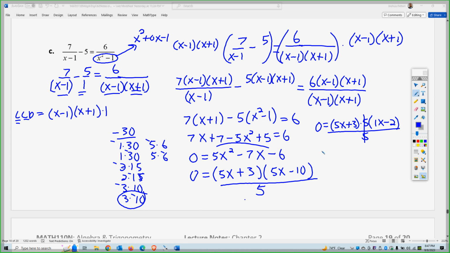So 5x plus 3 is 0 and x minus 2 is 0. So x is 2 and 5x is negative 3, or x is negative 3/5. We have to go back to the original and make sure none of those fail. So if I plug that into the original denominators, neither one of those is going to give me 0, so I think we're fine because we can't divide by 0. So these both are good answers.